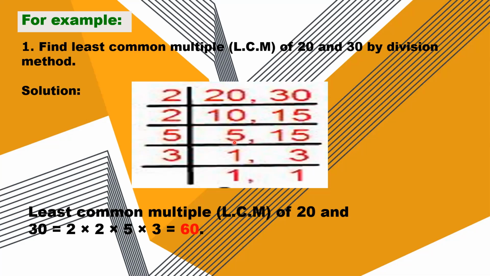And then 5 divided by 5 is 1, and 3 divided by 3 is 1. So the LCM of 20 and 30 is 2 times 2 times 5 times 3. When you multiply this, 2 times 2 is 4, times 5 is 20, times 3 is 60. So 60 is the LCM of 20 and 30.